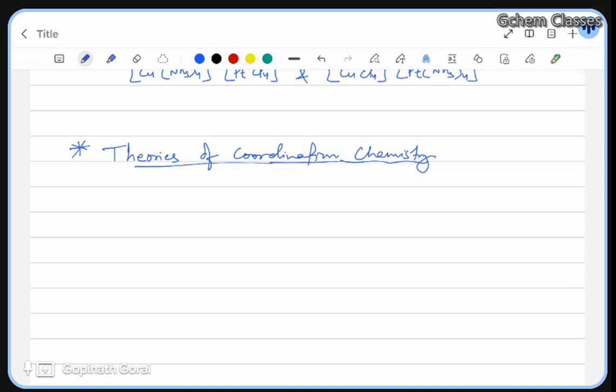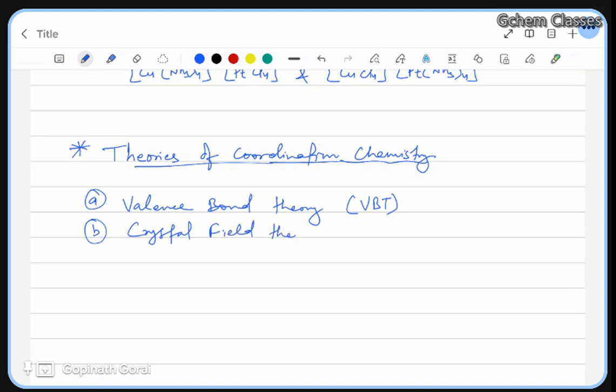So we have three theories. The first one is valence bond theory, that we call VBT. Then, when valence bond theory has limitations, we move towards crystal field theory, that we call CFT.